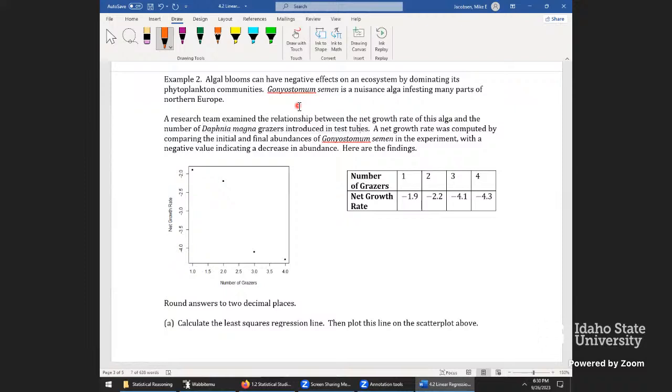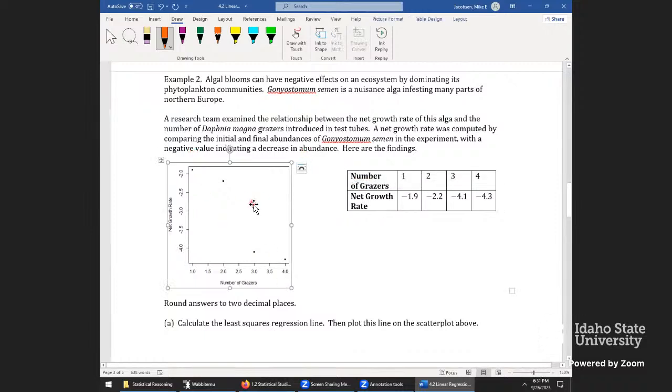They're introduced in the test tube. So remember, a net growth rate that is negative means a decrease in abundance. More negative means that the algae was feasted upon even more by the grazers, and we expect it to be reduced even more the more grazers you put in the test tube.